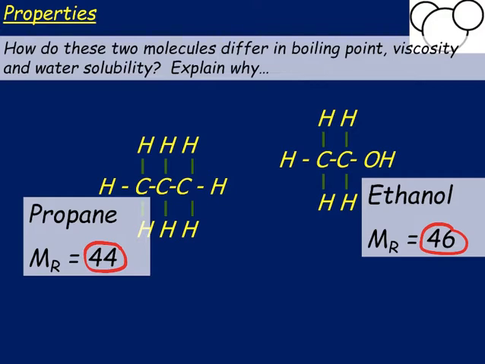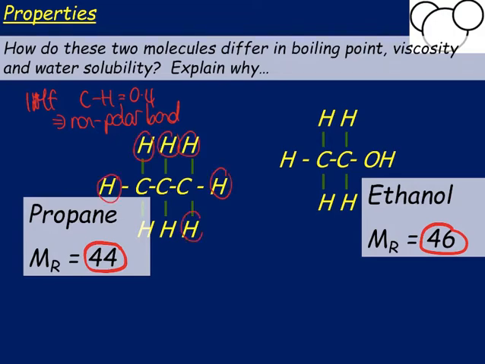If we look at the intermolecular forces for propane, we would do the maths, C take away H, you're going to get 0.4, which implies it's a non-polar bond, and it's the same thing, all I have are H's all the way around. So by rule 1, a non-polar bond makes a non-polar molecule. So the only intermolecular force that propane has is the weaker van der Waals.